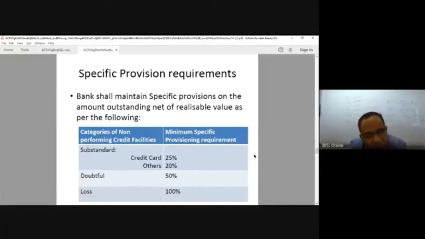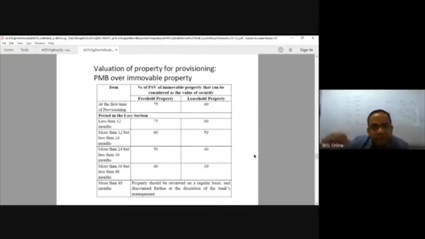So whether total 100% applies if it is in the loss category for more than 18 months alone, of course there is another provision there for you, right? So this is where you will look at the asset you have taken as security, right?